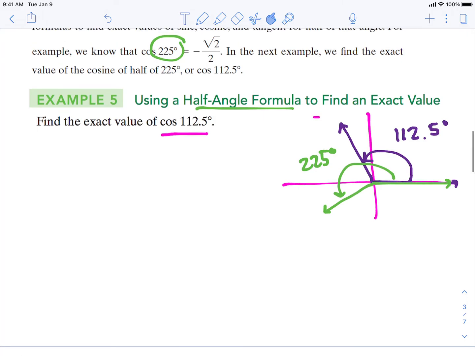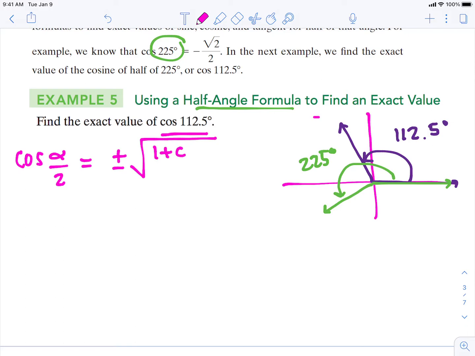The half angle formula for the cosine of alpha over 2 equals plus or minus the square root of 1 plus the cosine of alpha over 2.